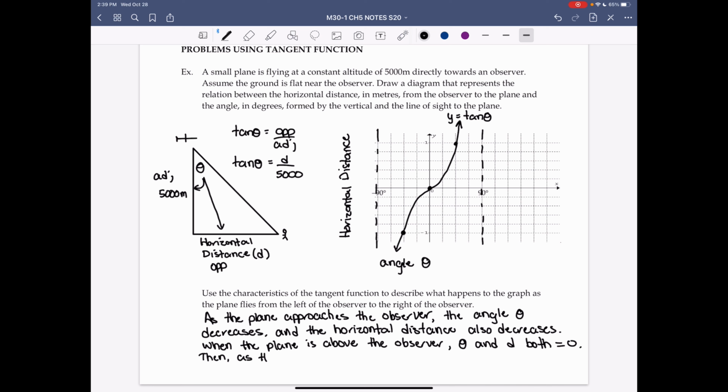Then as the plane moves away from the observer on the right, the angle theta and horizontal distance increase.